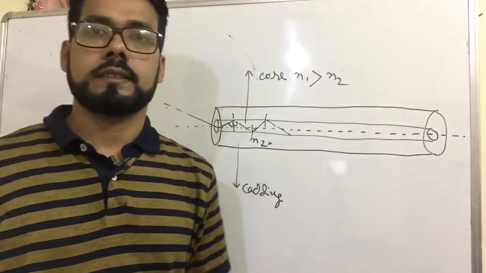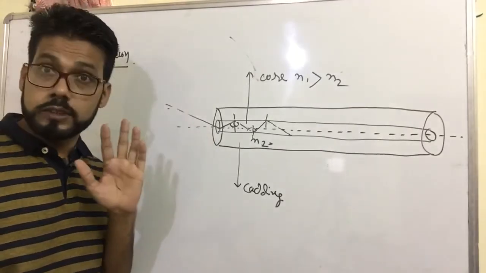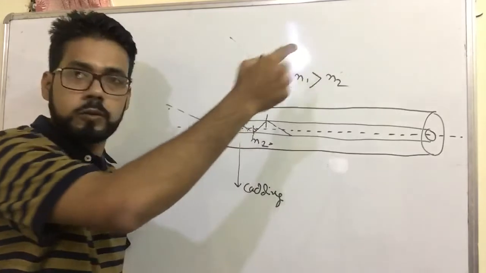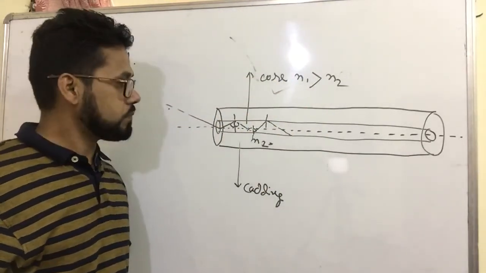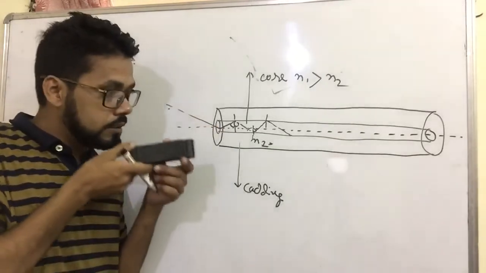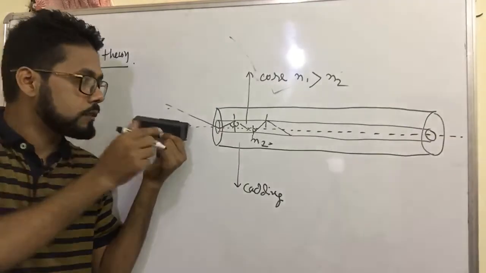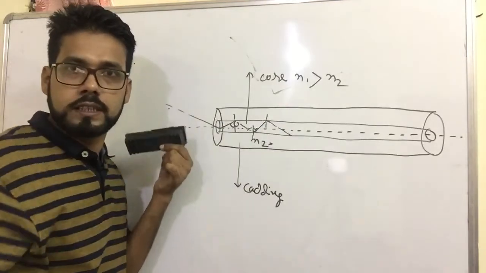That is requirement number one. Now requirement number two. Total internal reflection inside is clear, we understand. Now my second question is: at this specific angle, if you put a torchlight, then the electromagnetic wave will move directly, and there will be no total internal reflection.